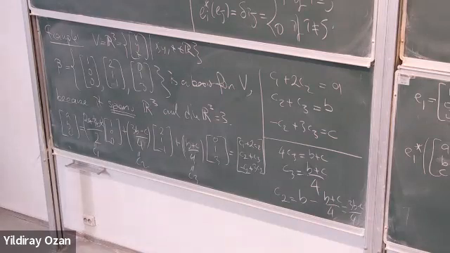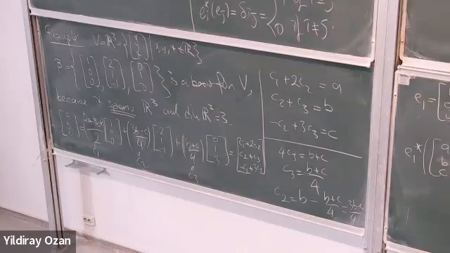Therefore, the answer is just C1. So it means E1 star on this vector takes the value C1. What was C1? 2a minus 3b plus c, over 2.